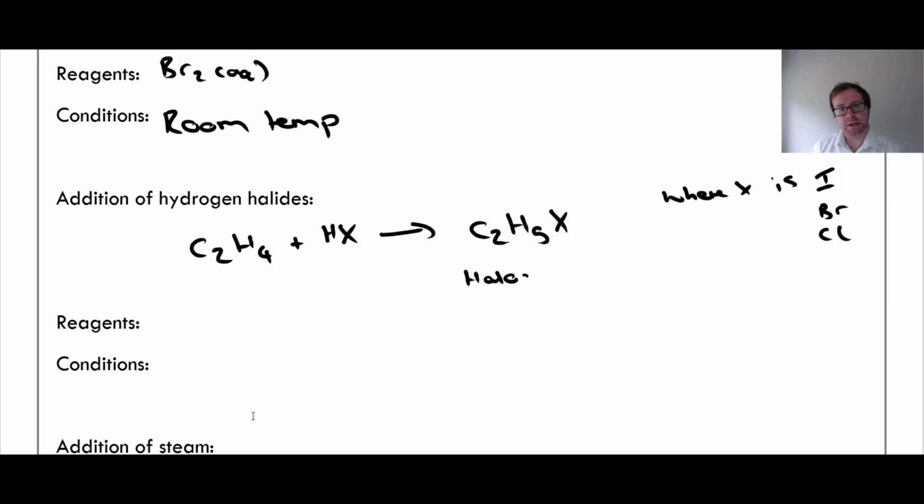We would call this a haloalkane because I've added a halogen onto a carbon and hydrogen chain which only has single bonds. So this is forming an alkane. So my reagents would be HX. Obviously I'm not writing down ethene, we need an alkene as well. Conditions, this happens at room temperature.